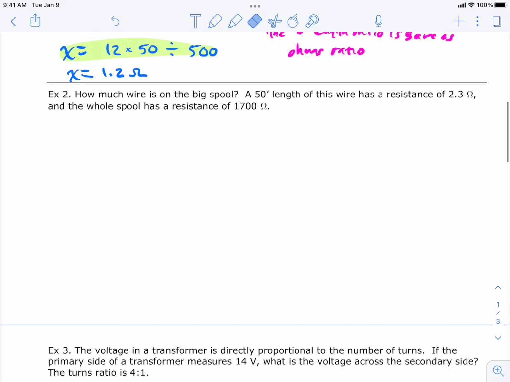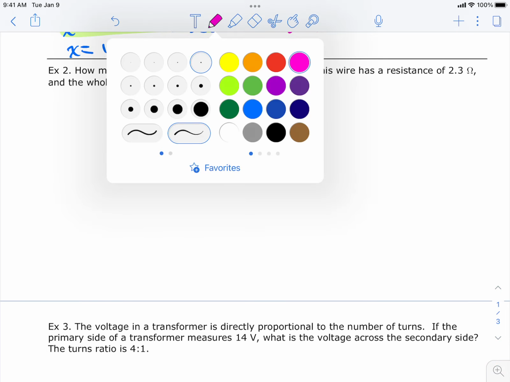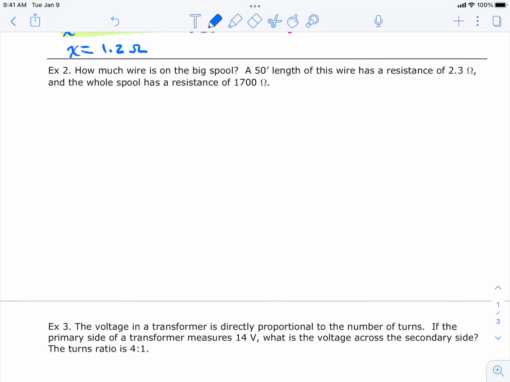Now I want to do a problem that's mathematically kind of the same, but it's also a neat trick. It's something you might even use someday. You've got a big old spool of wire, and I'm talking big, so big you really don't want to have to unwind it to figure out how much wire is on it.